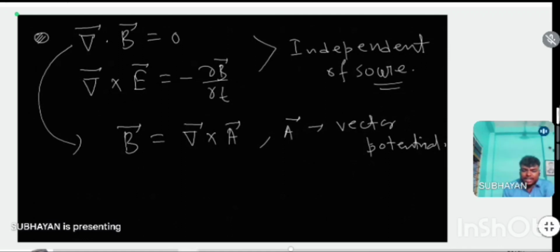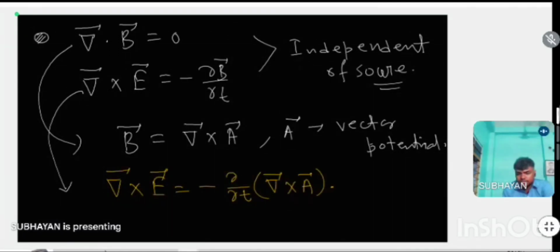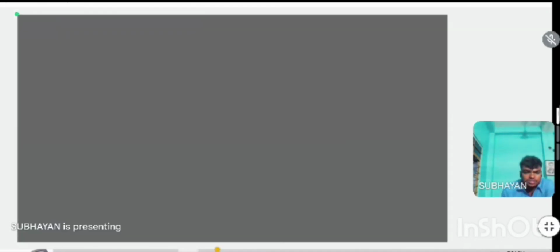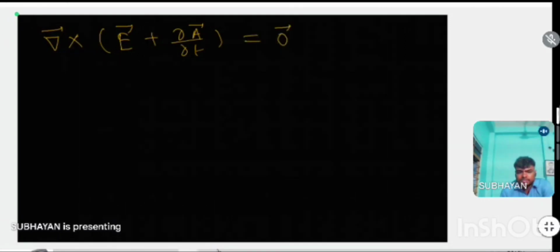So similarly, from this equation, curl of E is equal to minus del del T of curl A. Okay, this is curl A. Now, curl of E plus del A by del T is equal to 0, right?